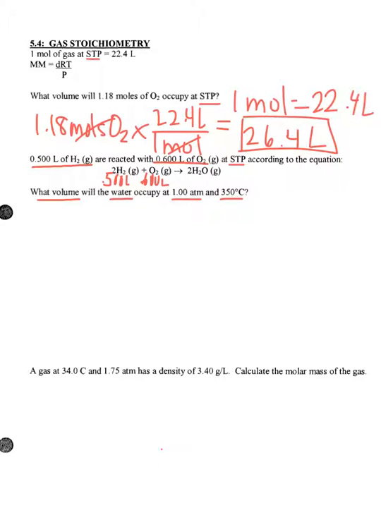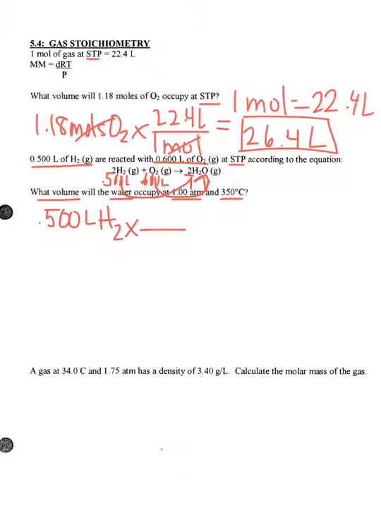So we're going to do our two separate equations. Remember, stoichiometry from here to there, and then do another one from there to there. So let's go ahead and do that. Let's start off with the hydrogen, so 0.5 liters of hydrogen.